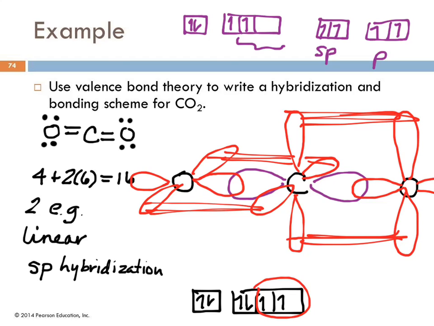And then we're supposed to label these. I'll label them in maybe green. So this one right here is a pi, and the carbon has what kind of an orbital? An sp, and that's overlapping with an oxygen's what kind of orbital?